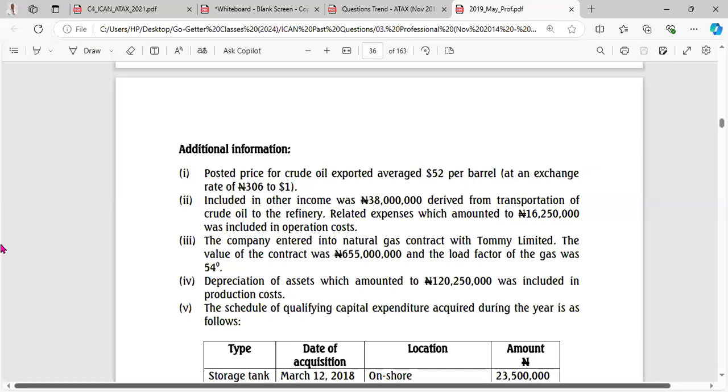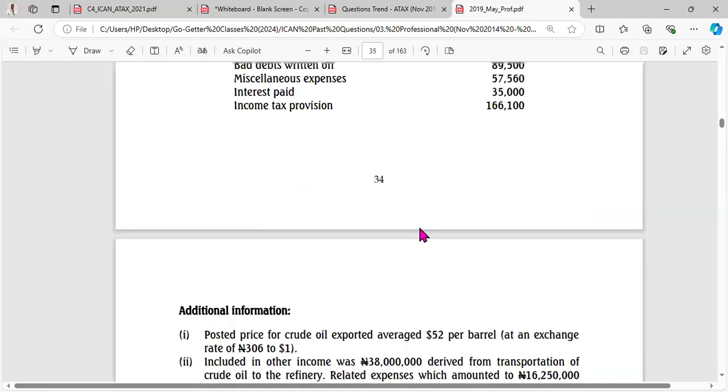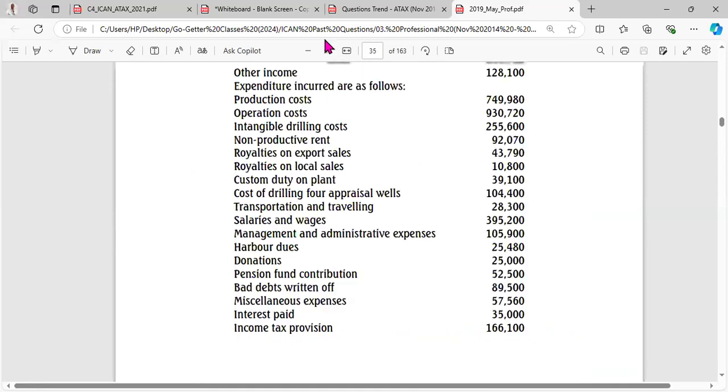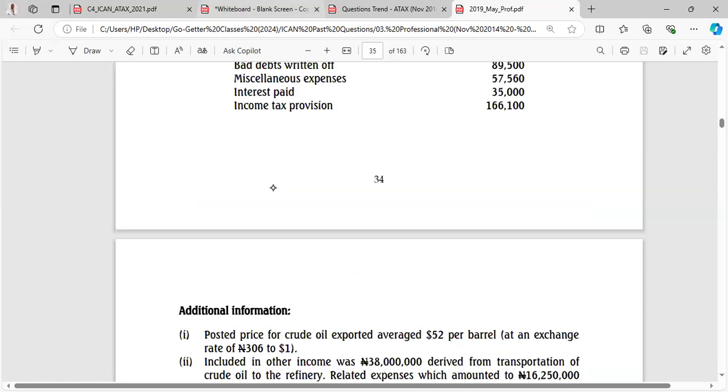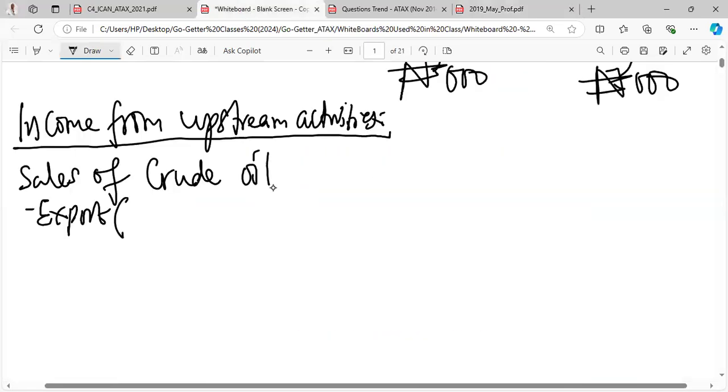All right, so we'll use this additional information. We have 190,000. So we'll come here, exports. We exported 190,000 barrels multiplied by how much is the posted price?